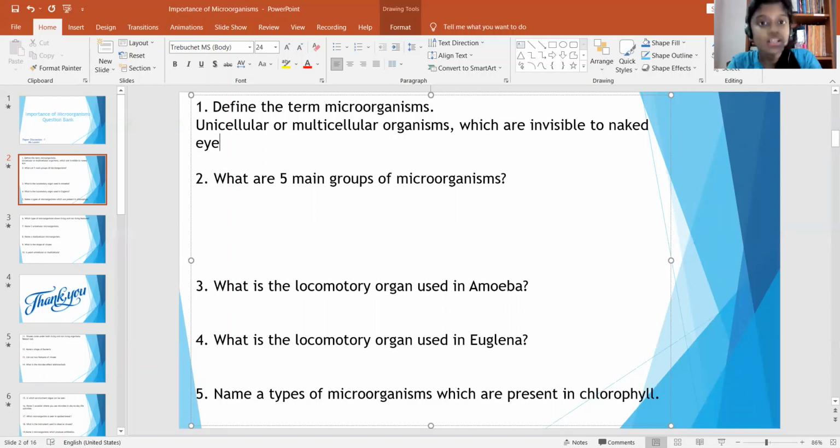So unicellular or multicellular organisms which are invisible to the naked eye when taken individually, that means when we take them separately, are known as microorganisms.